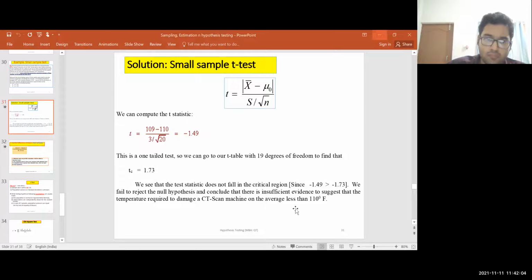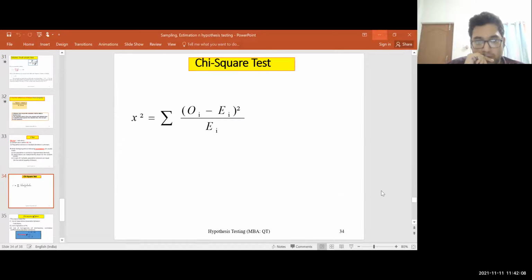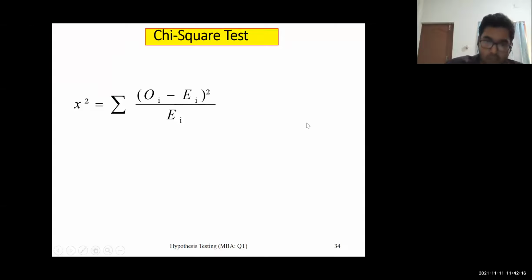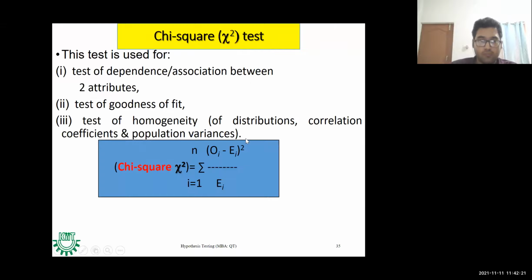I'm pretty sure all of you will be very happy to use it, and you will also be solving it in the exam because it is easy, interesting, and has tremendous practical utility. So this is the application of the chi-square test. It has so many applications. We have explained the first one.